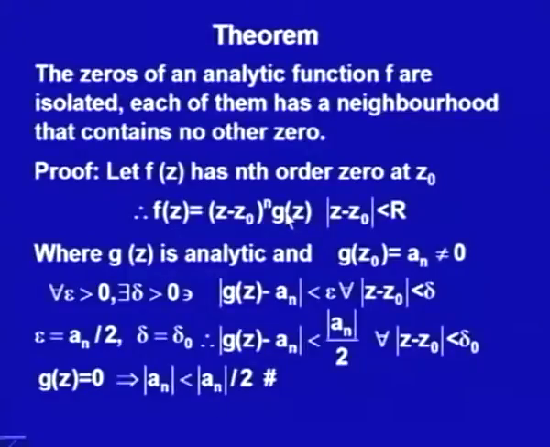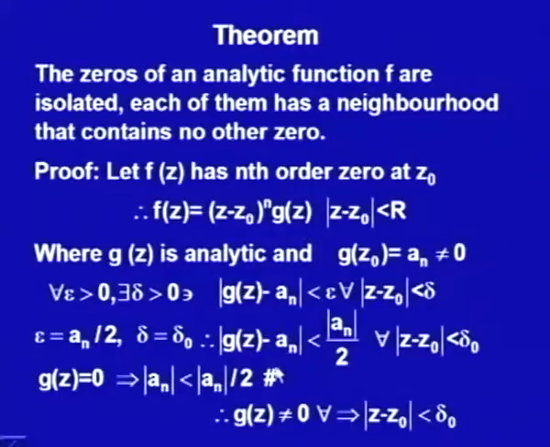Since g(z) is not 0, my f(z) will not be 0 for any other z in this delta naught neighborhood, because this term would be 0 only at z equal to z naught. If any other point were a zero of f in the delta naught neighborhood of z naught, then for some other z it would be 0 only if g(z) is 0 for some other z.